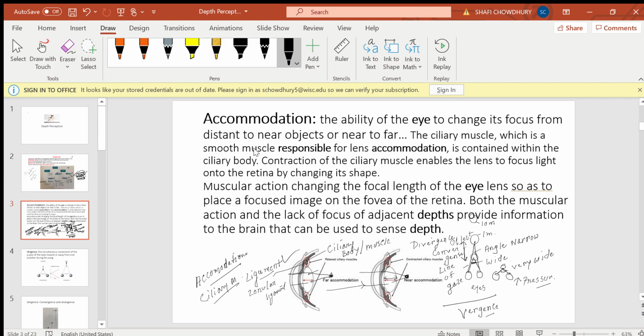And the goal, we already talked about that a lot before. The goal is putting the focus exactly on the retina, right? That's why the shape of the lens changes, to focus the image exactly on the retina, to the center of the retina.